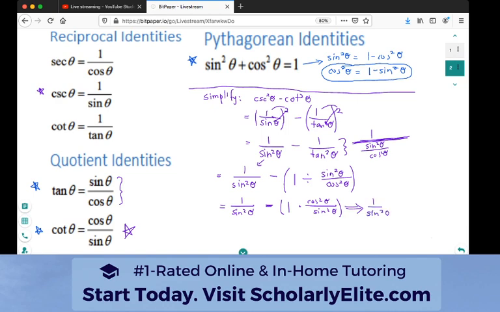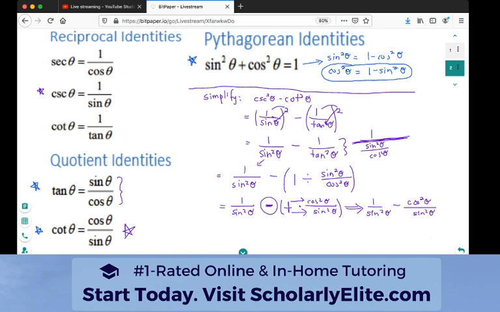Sine squared theta minus, so basically remember that this is a fraction, so 1 over 1 technically, so this just becomes cos squared theta over sine squared theta. Okay, and obviously it's negative because of this negative here.